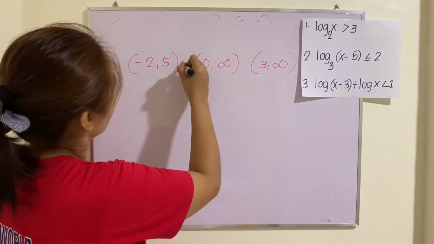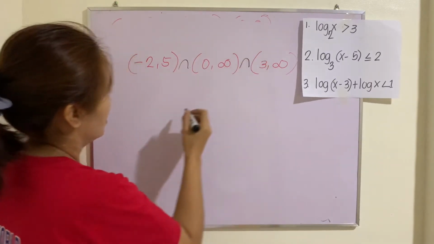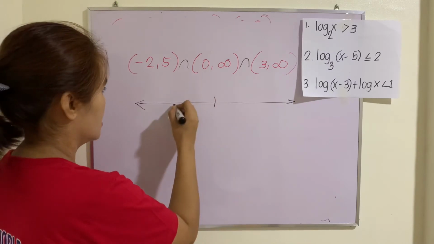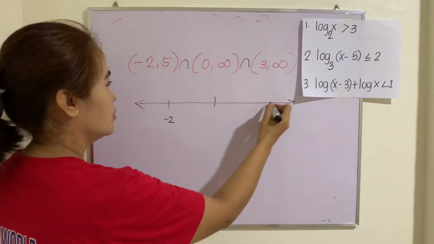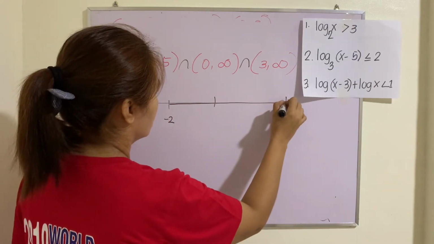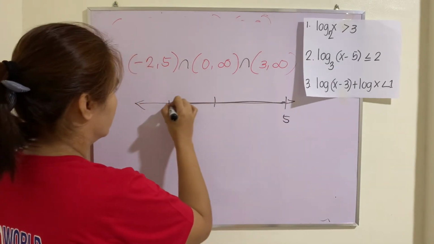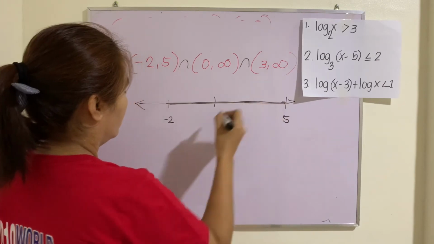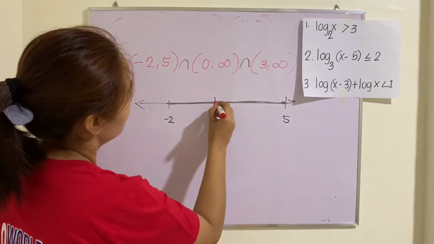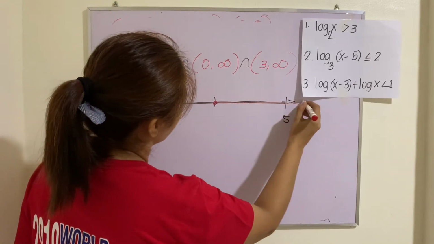So let us get now the intersection of these 3. Let us draw a number line. This one is negative 2, positive 5. The other one is 0, positive infinity.